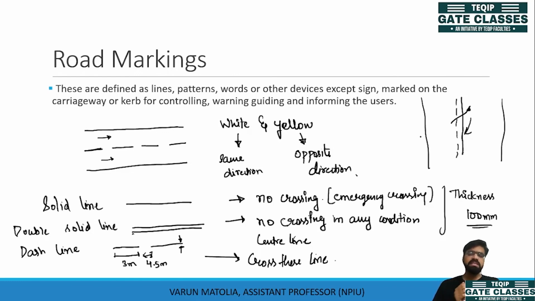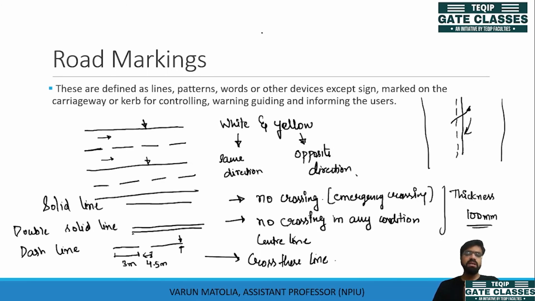So these are the basic road markings which should be known to you. The road markings are provided at the center to demarcate if it is a 4-lane road; the solid line will be provided at the center and at the road boundary.